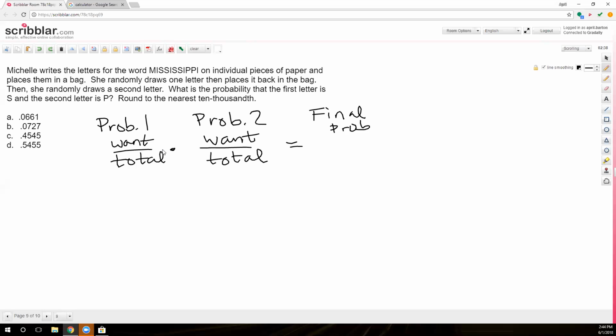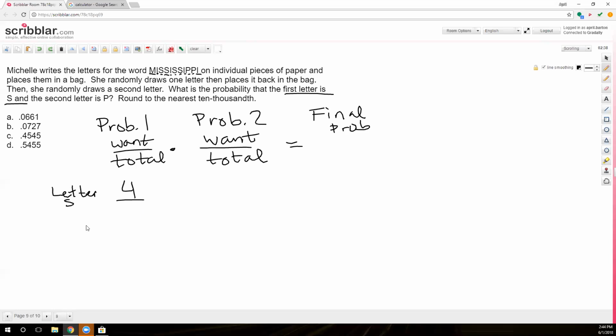So the first probability, the first letter is S. We want to go over to Mississippi, and they're saying each of these is their own card. So we want to count how many S's are in the word Mississippi. Good. 4 S's.